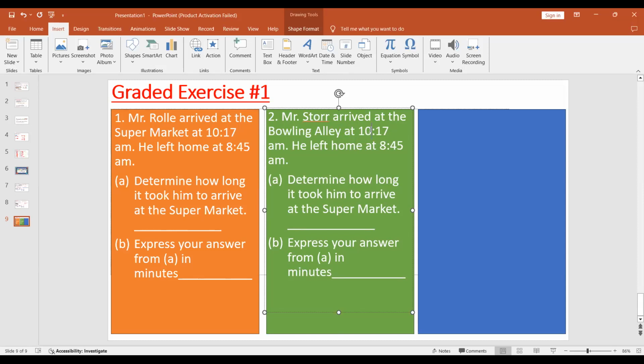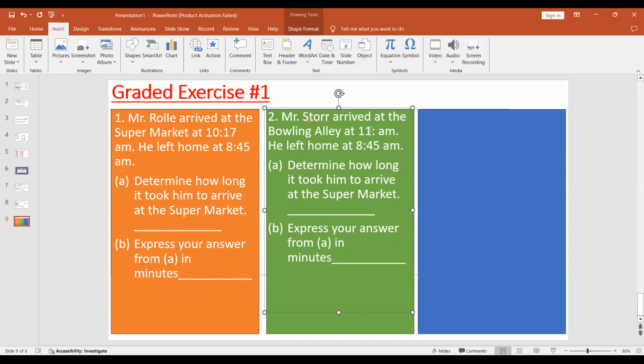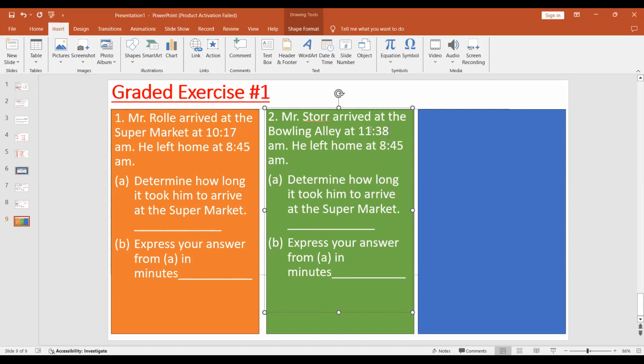So let's say he arrived at 11:38 a.m. He left home at, let's say, 7:50 a.m. Determine how long it took him to arrive at the bowling alley. Express the answer in minutes.